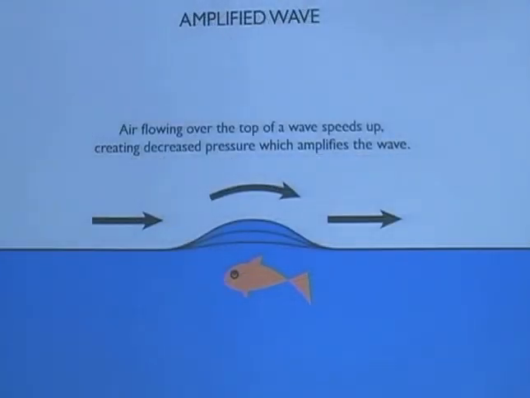Now, imagine wind blowing over this little ripple that this little fish caused in water. As the wind blows over that ripple, it acts kind of like an airfoil. The wind has to speed up as it goes around that curve, and it will lift that ripple up a little bit. It will amplify it. The stronger the wind is above the still water, the higher that wave gets lifted up.